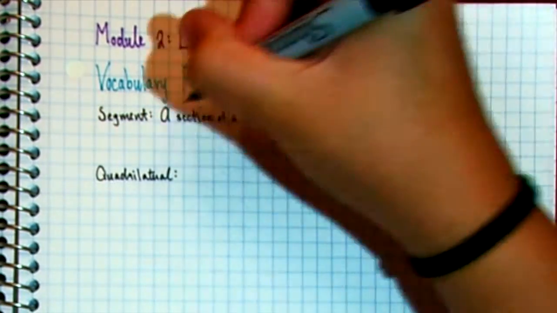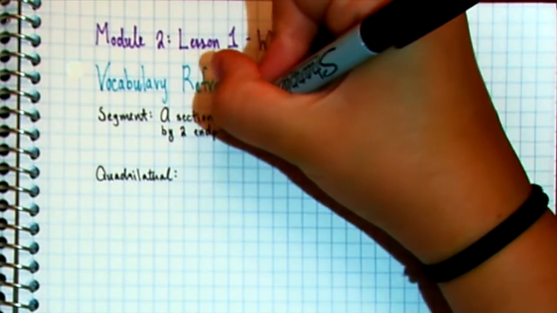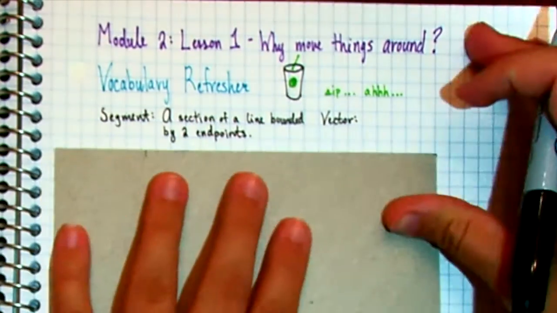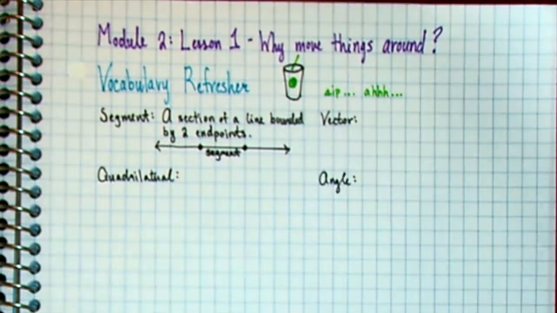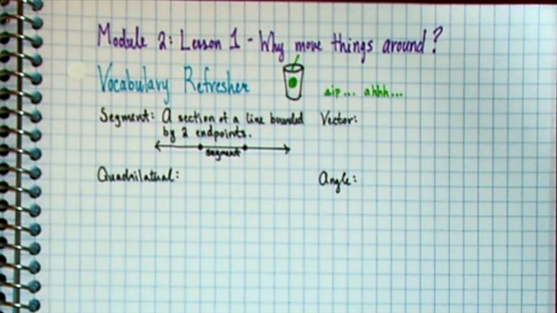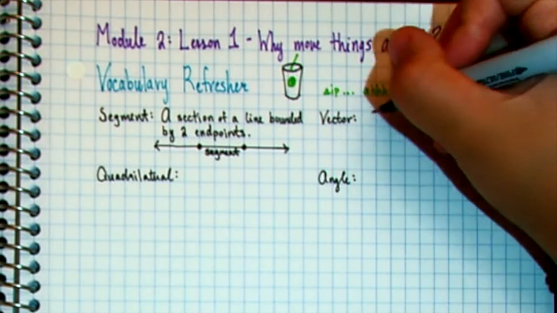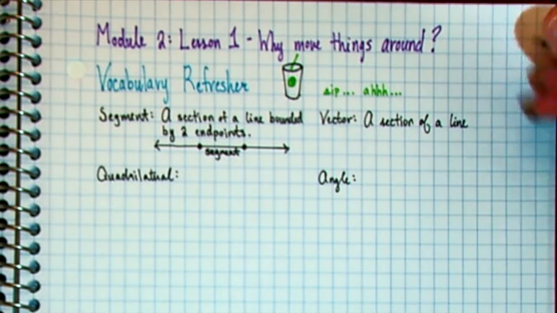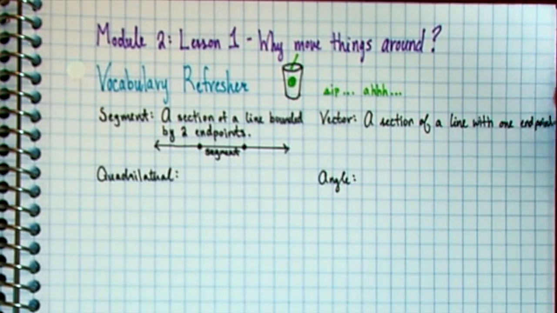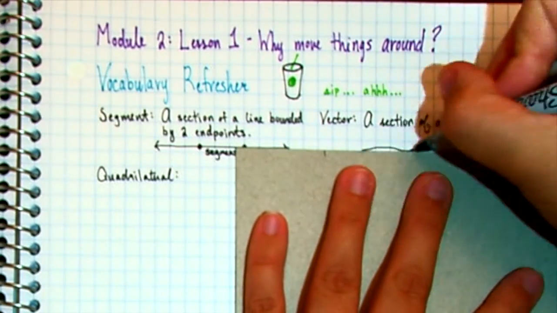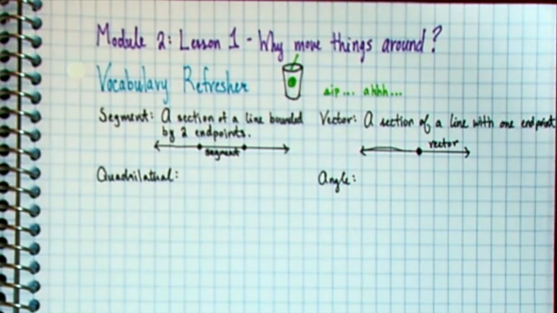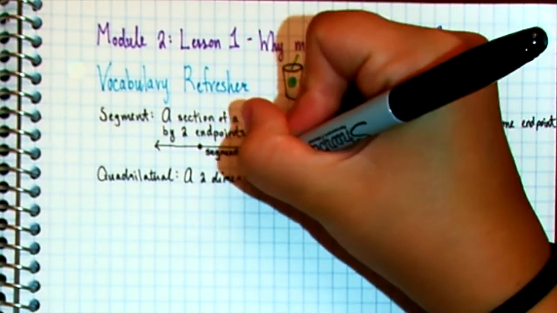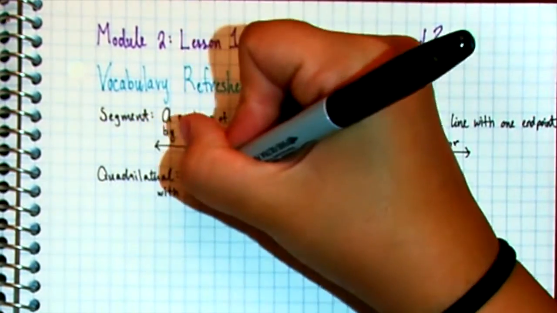A line segment is a section of a line that is bounded by 2 endpoints. So remember, a line goes on forever. A segment is a piece of that line with 2 endpoints. A vector is a section of a line with 1 endpoint. So I have a line, it goes on forever, but in one direction, it's pointed specifically. A quadrilateral is a 2-dimensional shape with 4 sides.